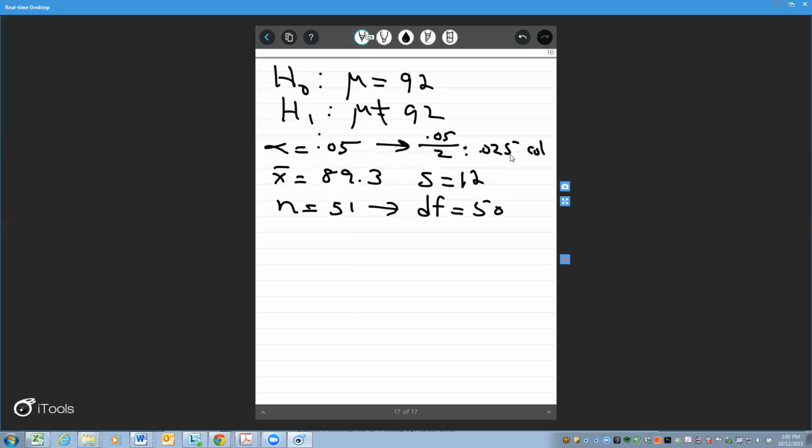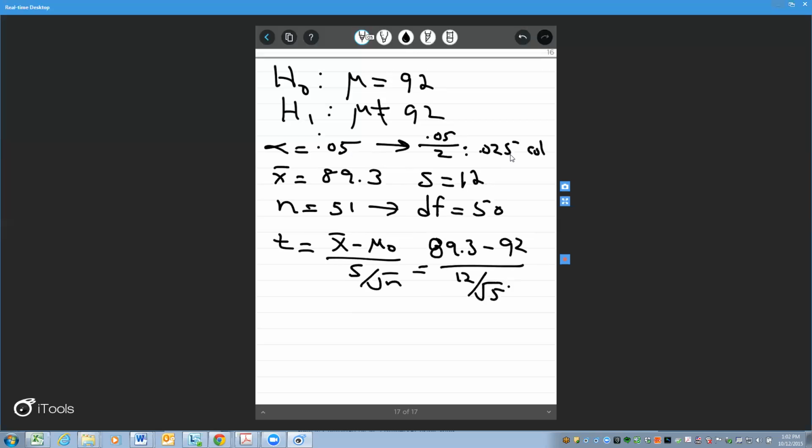Again, we want to come up with a t-score, so we're going to come up with a t-statistic by looking at x bar minus mu naught over s over the square root of n, which in this case is 89.3 minus 92 over 12 over the square root of 51.